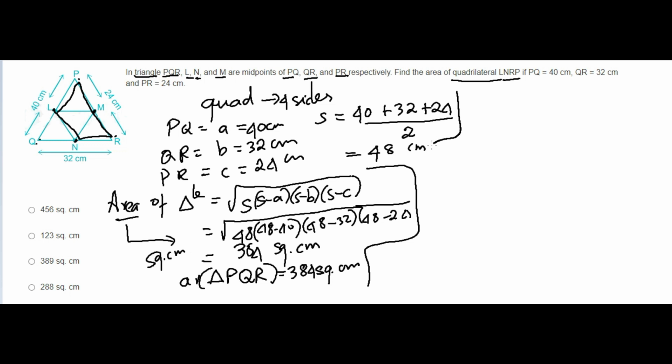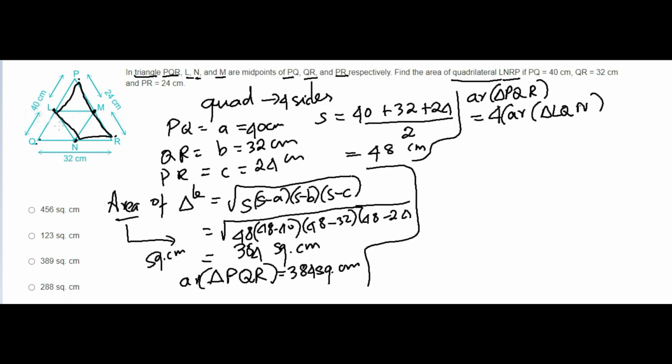Now, to make it very clear, we have to mention how to get the area of triangle PQR. It can be given as 4 times the area of triangle LQN.